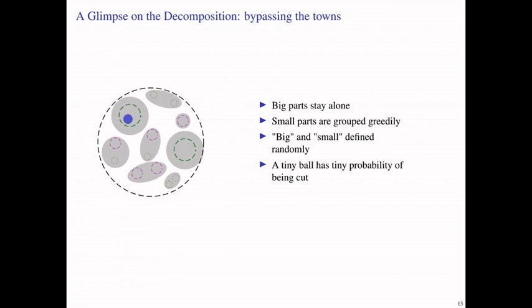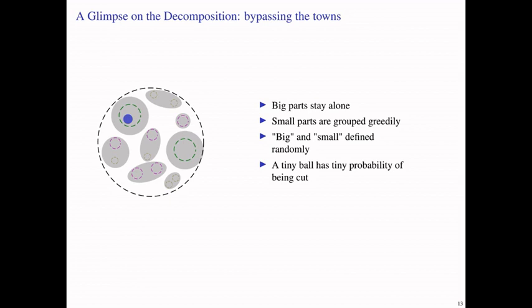Indeed, a tiny ball has a tiny probability of being cut, because if the tiny ball lies in a big part, then it cannot be cut. Because of the isolation property, we know that there is a moat around the big parts, so that ball must be completely contained inside the big part.